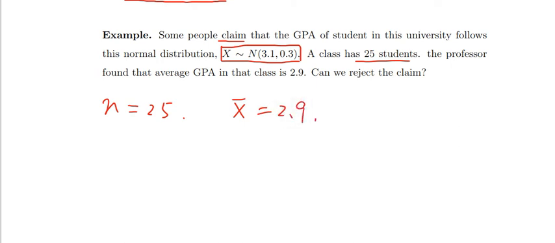So this 2.9 is less than 3.1, right? You say the average is 3.1, but I found in our class the average is only 2.9. So can we believe their claim, or can we reject the claim? Such a problem is like this: we have information from the sample, and from the sample we want to make a judgment.